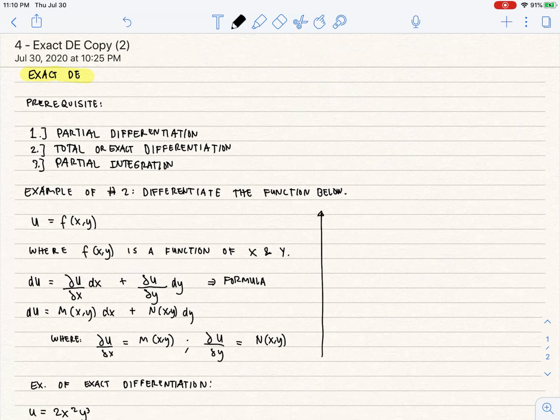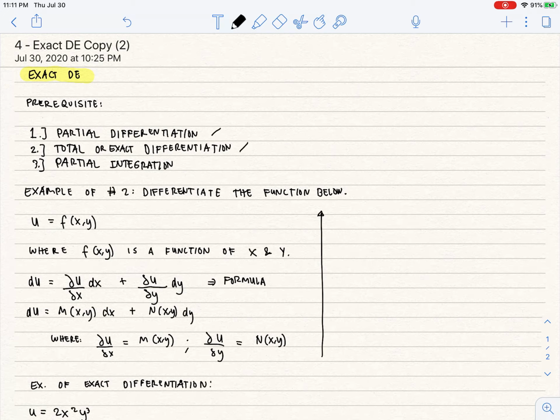So, prerequisite before we begin with the main topic. So, naay tulo ka prerequisites. First is the partial differentiation. So, familiar naman tayo di ba? Naagyan naman nato ni sa calculus 1 or differential calculus. Second is total or exact differentiation.